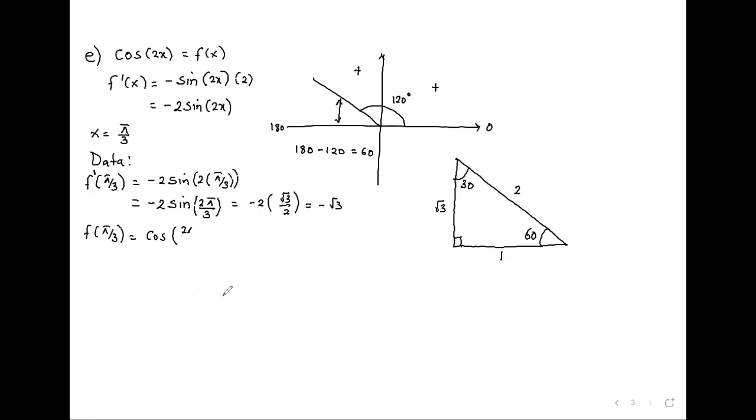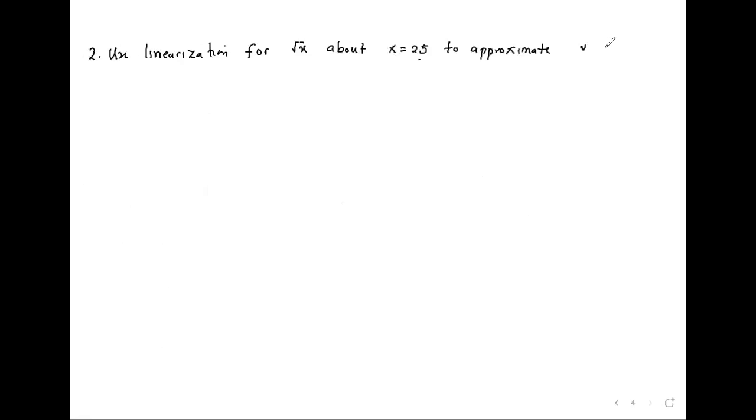So sine 60: we go to the triangle, which has 60 here, 30 here, then 1, 2, and root 3. Sine is opposite over hypotenuse, so it's root 3 over 2, which gives negative root 3.